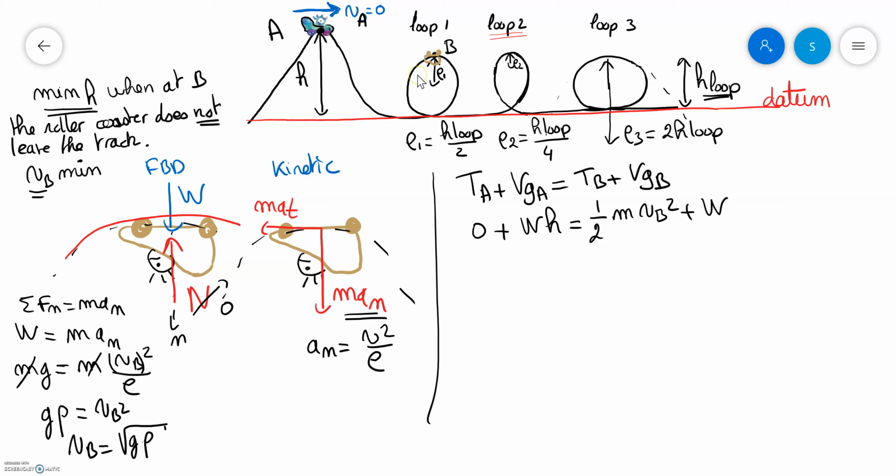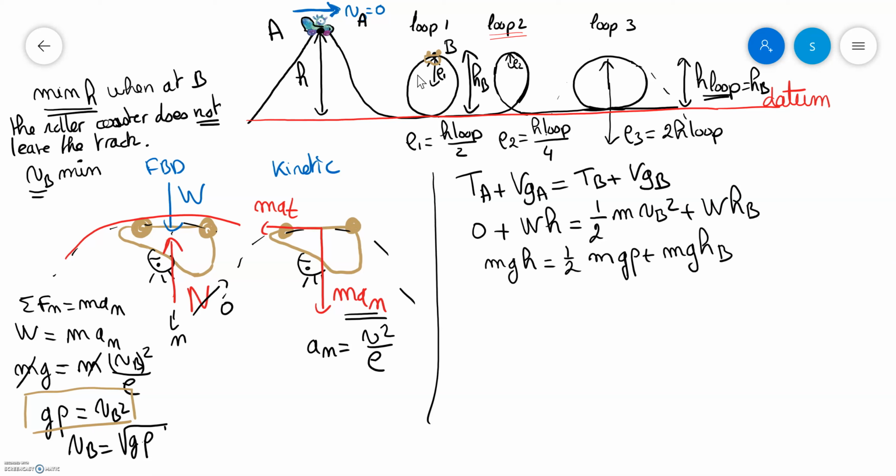Let me call this height of the loop HB. Plus W times HB, and it's plus because it's above the datum too. So we have mgh equals 1/2 m VB squared plus mg HB. VB squared is equal to g times rho, so mgh equals 1/2 m g rho plus mg HB.